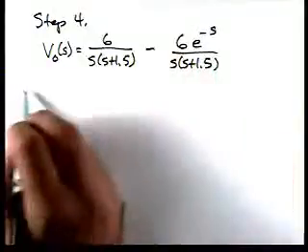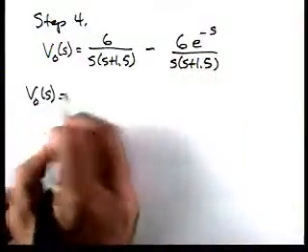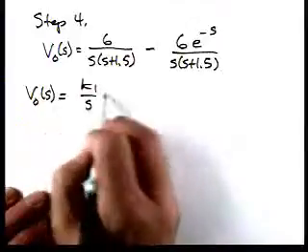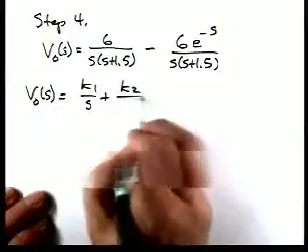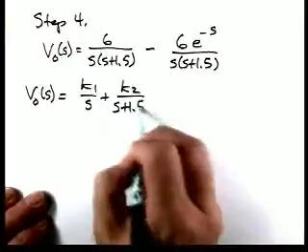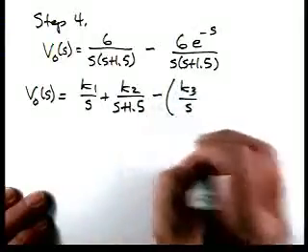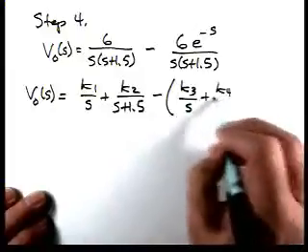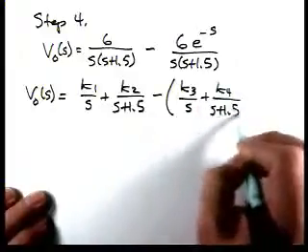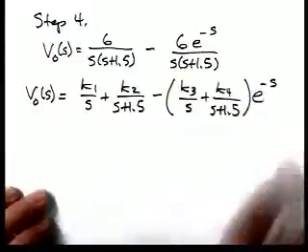So the partial fraction expansion here, we'd have K1 over S plus K2 over S plus 1.5 minus K3 over S plus K4 over S plus 1.5 times e to the minus S.